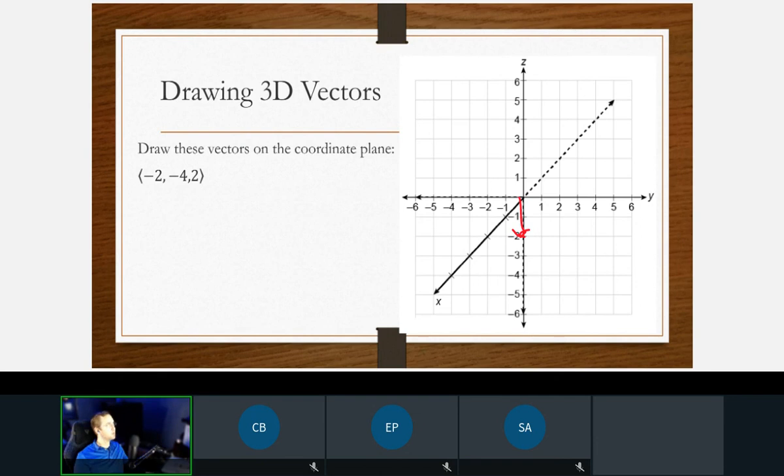So don't forget, x is negative. So going backwards is a negative direction. So you should have counted 2 back this way. That might be the point where you end up.